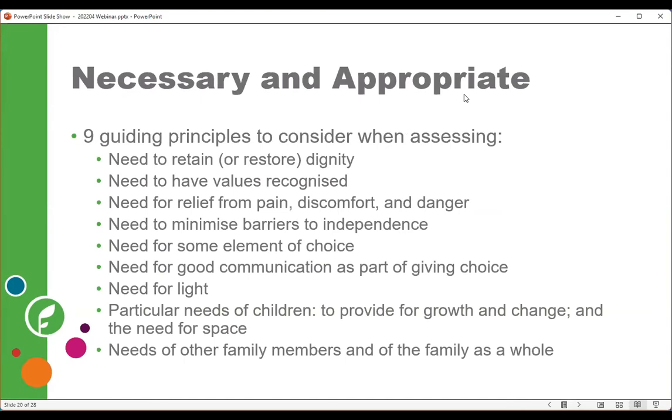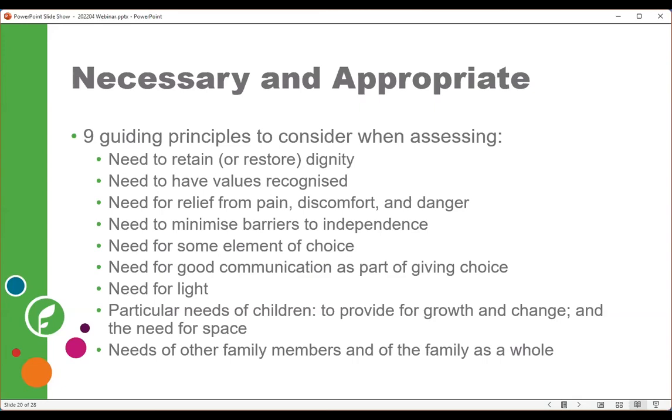In terms of that necessary and appropriate question, which is probably the main one in terms of the subjective element of the assessment, I've included within the new guidance the 9 guiding principles to consider when making that assessment. And these were developed by Francis Hayward, who's a very well established and recognised OT, in a report, I think about 15 years ago.